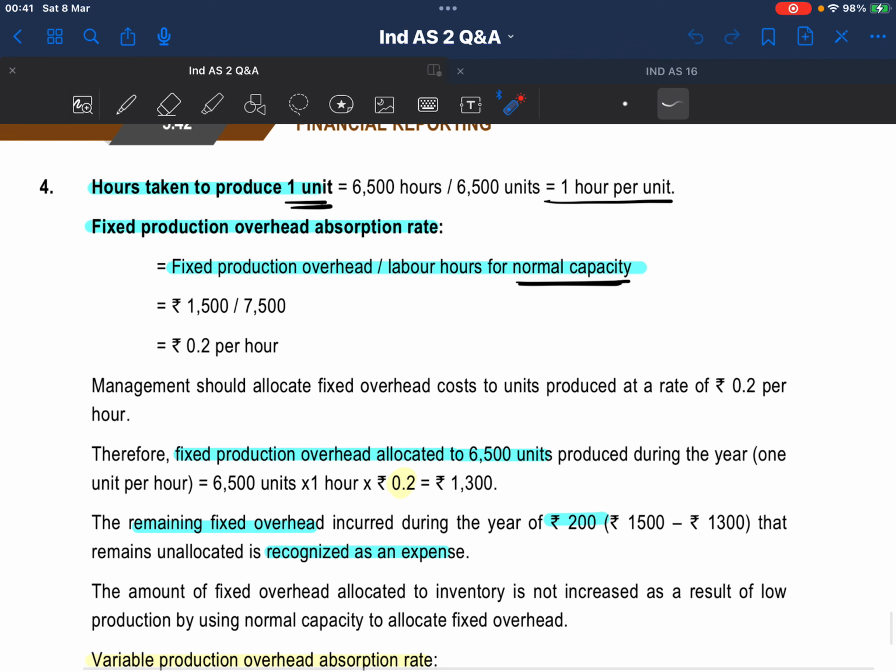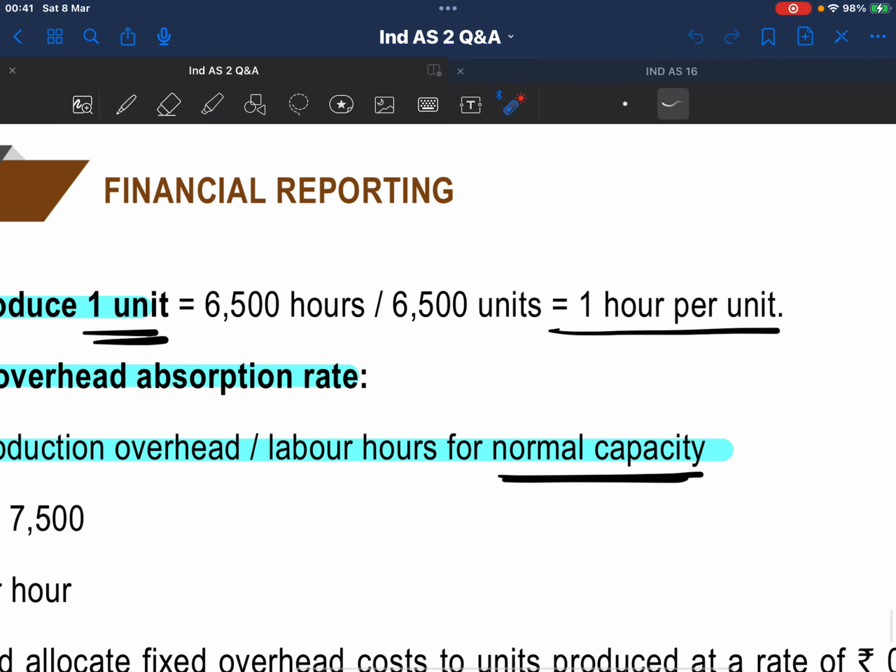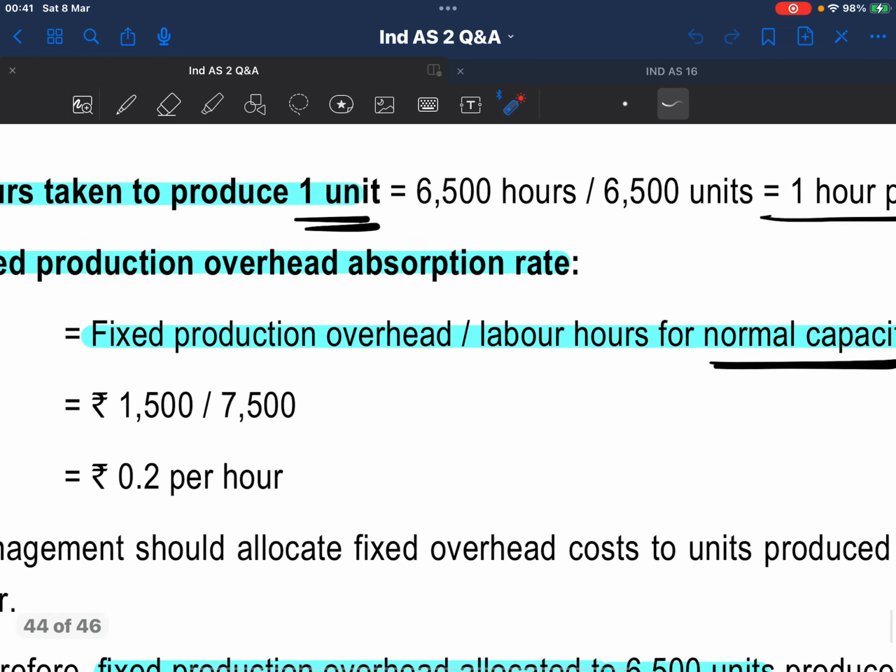So the answer to question 4. Hours taken to produce 1 unit: 6,500 hours divided by 6,500 units gives 1 hour per unit.